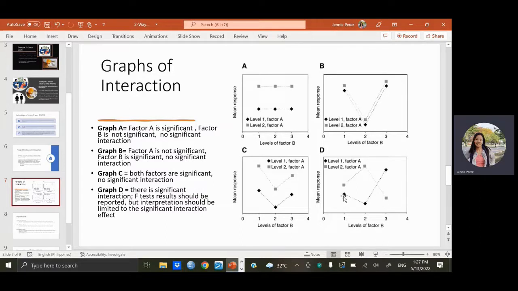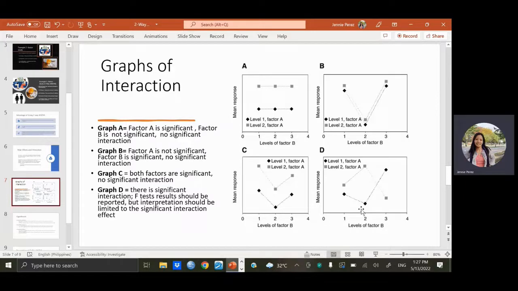Okay, so the effect of factor A differs depending on which level of factor B it is in. And when it comes to the third level of factor B, the effect of factor A, they crisscross, it changes. Here level 2 goes down, then at level 3 of factor B, level 2 of factor A goes up. So we can see that there is an interaction of effects.